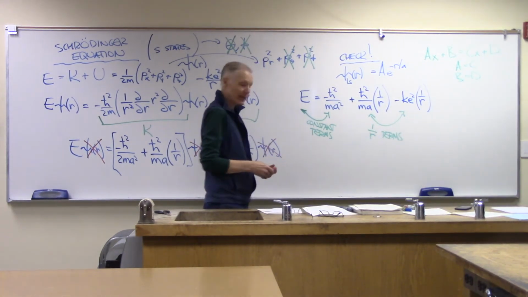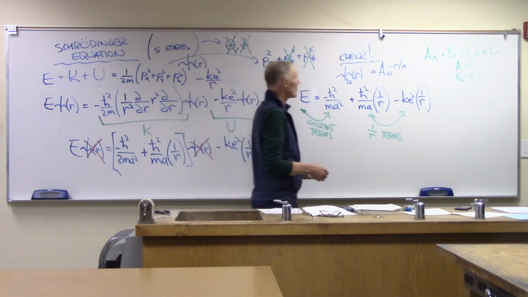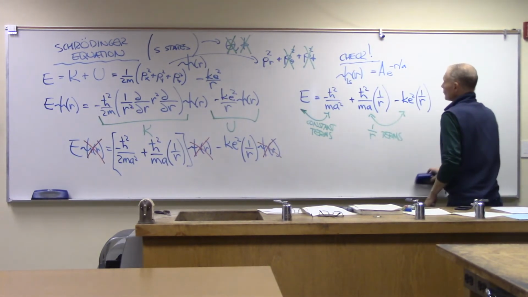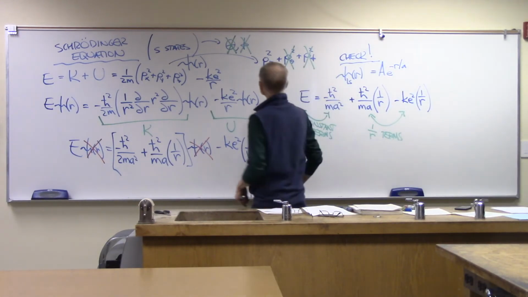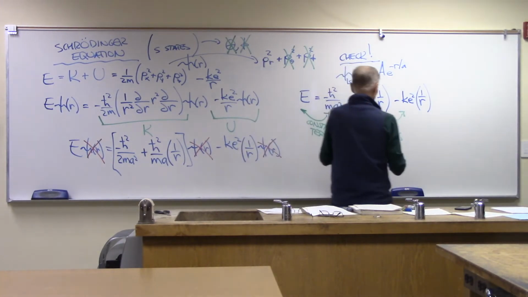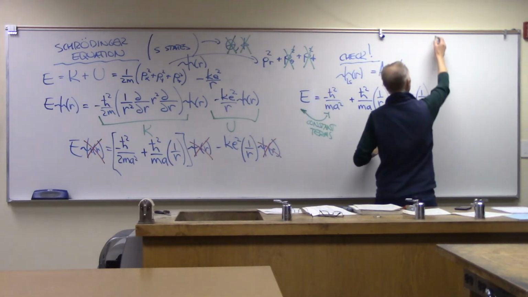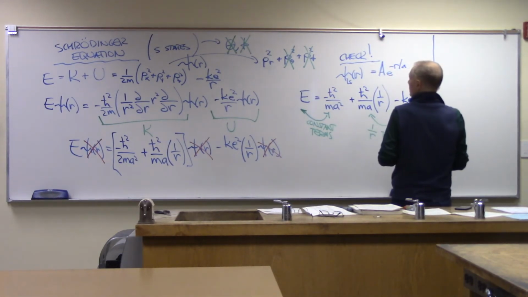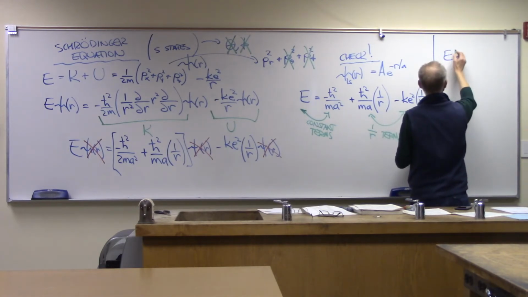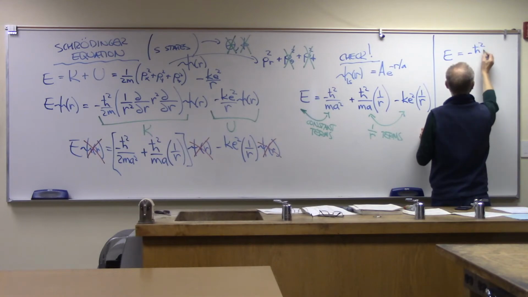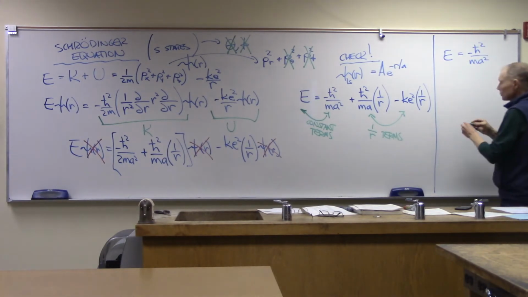But in either case, what this is going to give us are a couple of conditions. So the conditions that are going to have to be met for this to work is that the energy is going to have to be equal to minus h bar squared over m a squared.